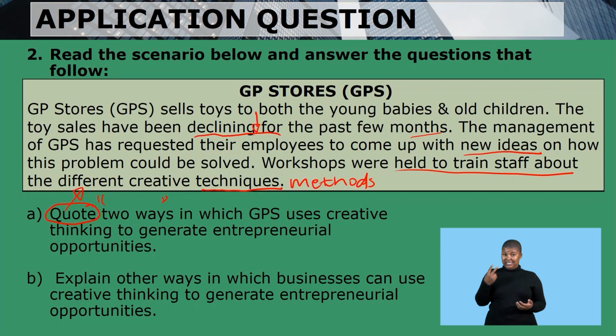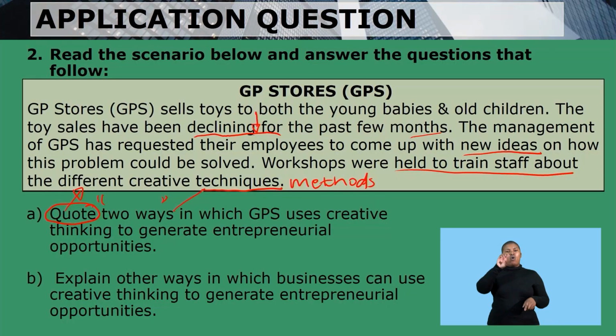The minute you paraphrase, the minute you subtract some information, then it means the statement is no longer a quotation, and that makes it incorrect. Do you understand? So very important, you need to have that in mind: when they say quote, you're taking the information from the scenario as is and without taking away anything.